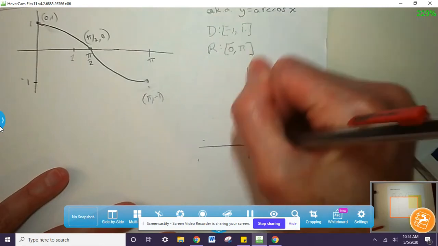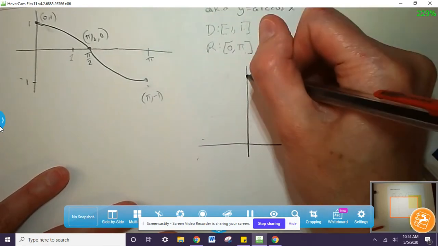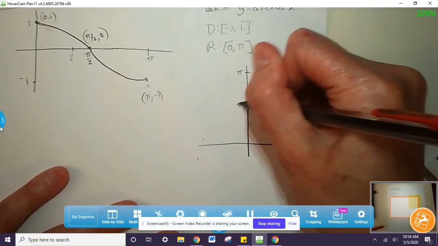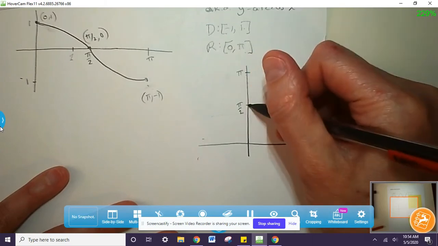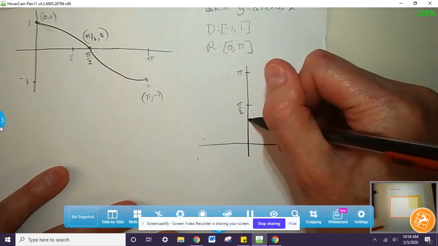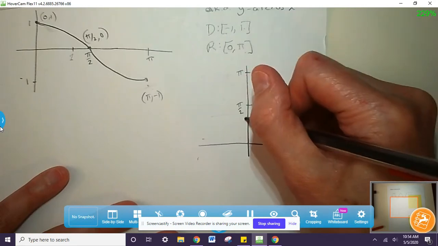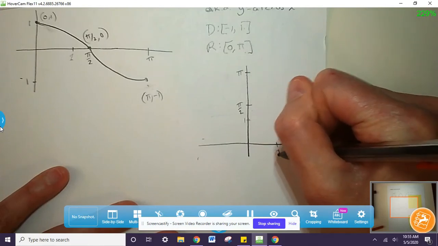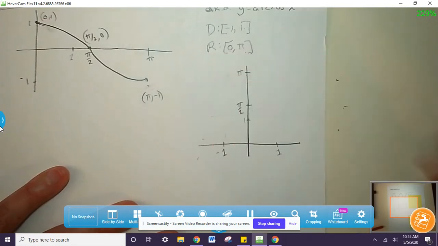So on my y-axis, I want to go from 0 to pi. So if this is pi, then halfway would be pi over 2. And if that's pi over 2, let's visualize that's about 1.5. So 1 might be about here. So if that's 1 on the y-axis, then I want 1 on the x-axis to be about the same. And that would be -1.